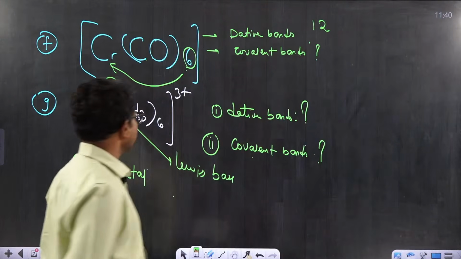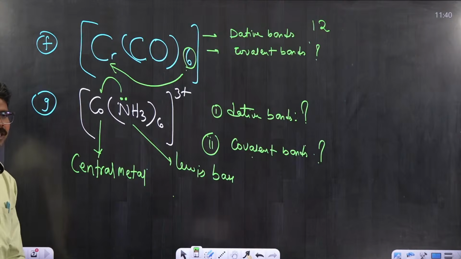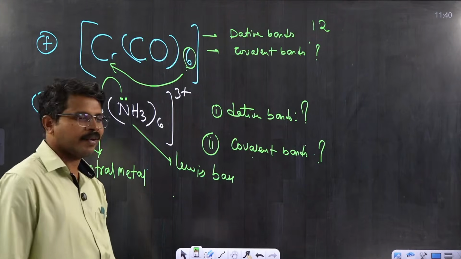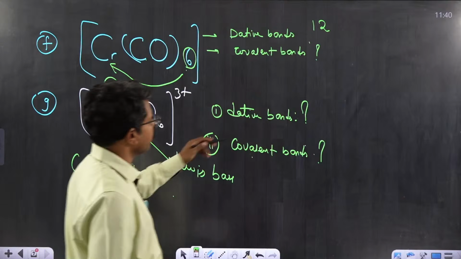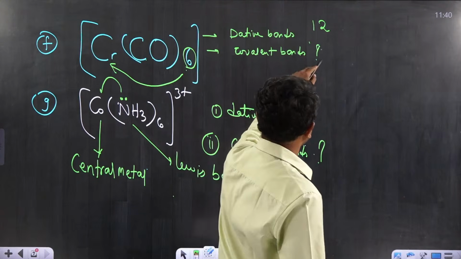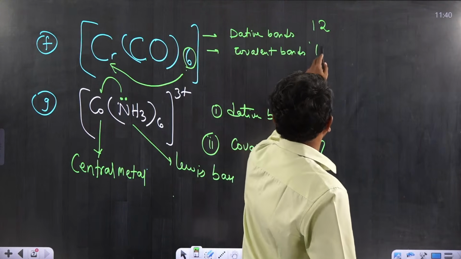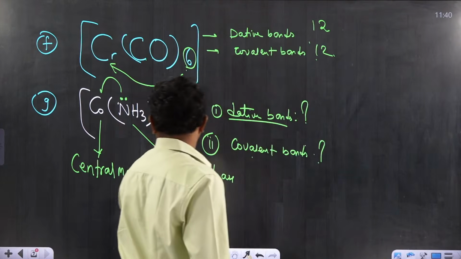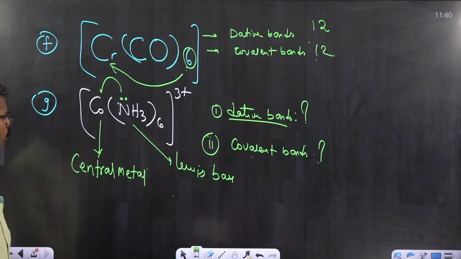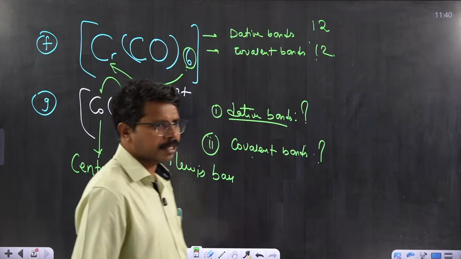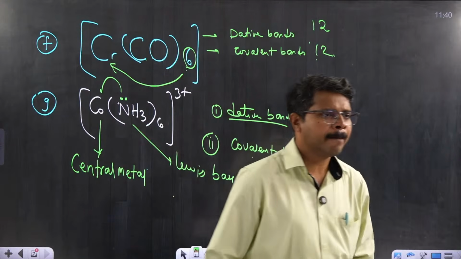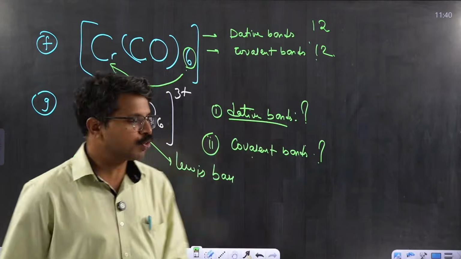Then tell me how many total number of covalent bonds we have. Okay, very good. The covalent bond count is also coming as the same number. Good. Now when it comes to this example Z, how many dative bonds are expected to be between metal and ammonia? As I told, ligand.